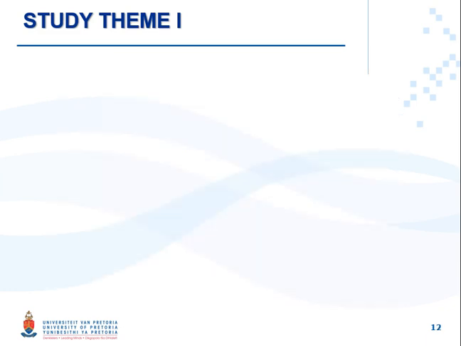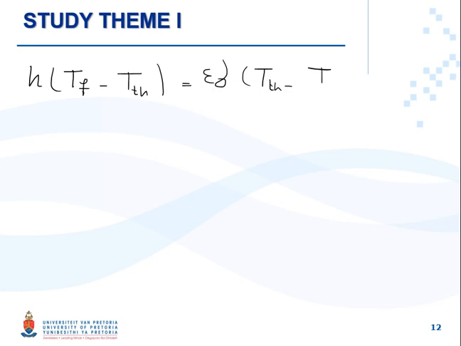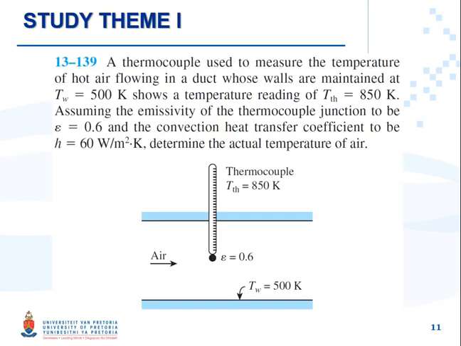For example, h, we spoke about convection, (T_f minus T_th) is equal to epsilon sigma (T_th to the power of 4 minus T_w to the power of 4). What is T_w here? T_w is a surface temperature always.